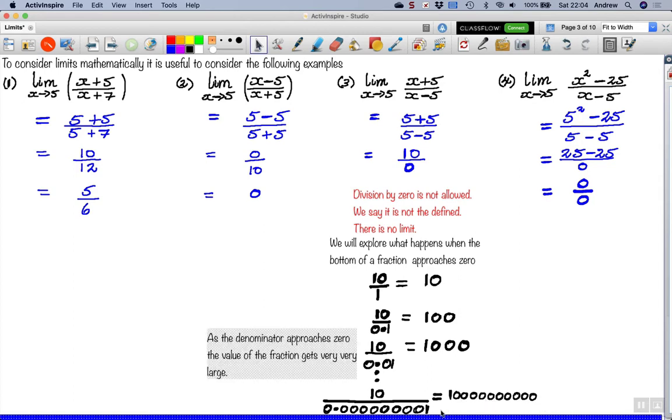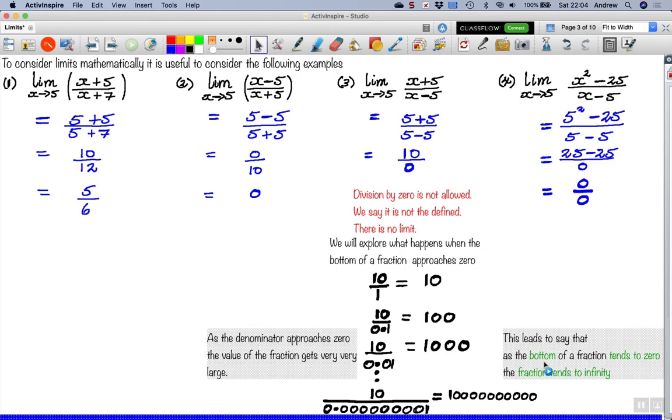Now what we say here is as the denominator approaches zero, the value of the fraction is getting very large indeed. This leads us to say that as the bottom of the fraction tends to zero, the fraction itself tends to infinity.